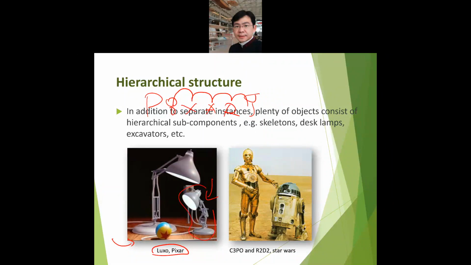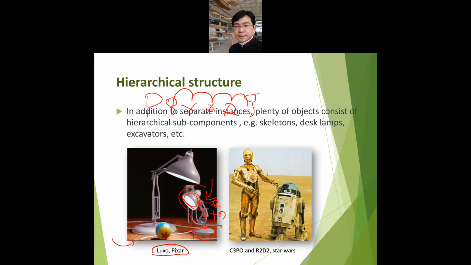Because it has a base here, and you have some joints here. Those joints are rotations, so we have rotation here, rotation. The object itself could enable multiple rotations. And there is also a bone between these joints for rotation. And it's not only for furniture or the lamp. Sometimes we humans can actually use this kind of representation.